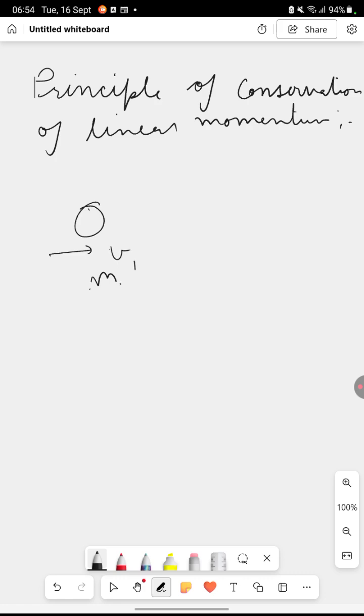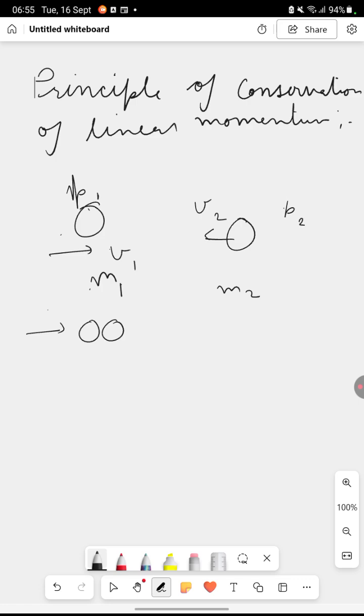Here is another body that is moving with velocity v2 and its mass is m2. After moving some distance, they may collide with each other. We know momentum is mass into velocity, so its momentum will be, let's say, p1, and the other's momentum, let's say, p2.